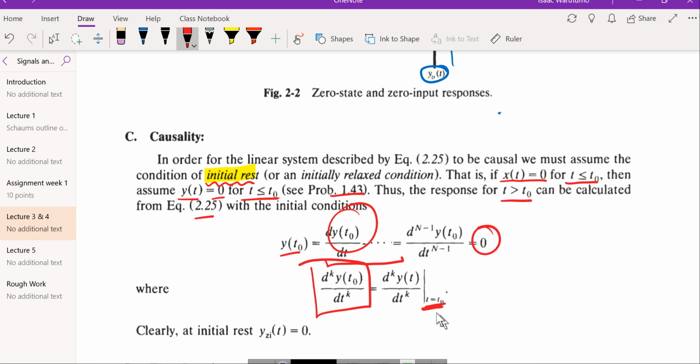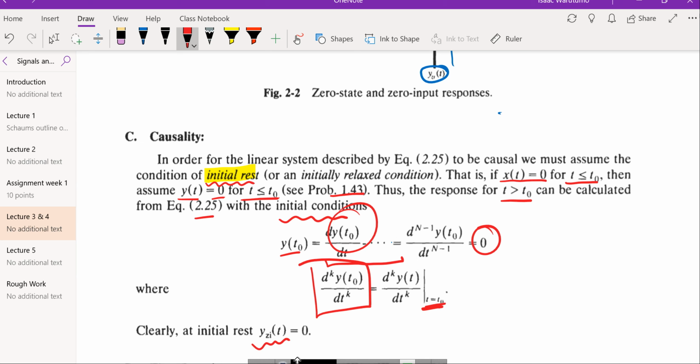That will give you the initial rest or the initial condition, and therefore we are able to find the initial conditions that are necessary to evaluate y of t. And we are saying clearly, initial rest: the input of t is the one that we are setting to be equal to 0.